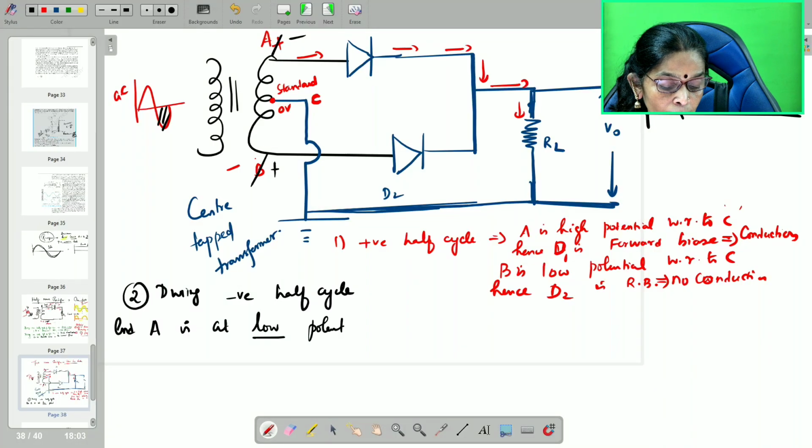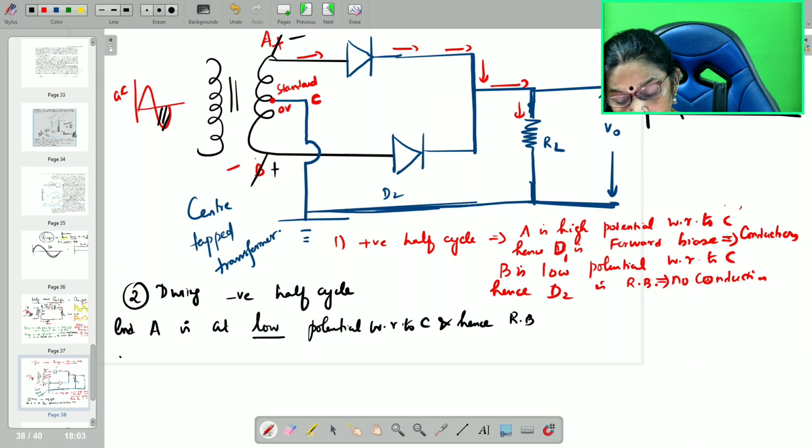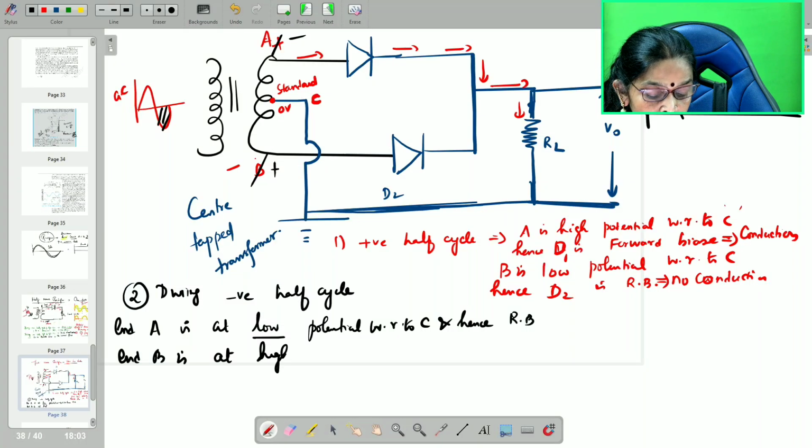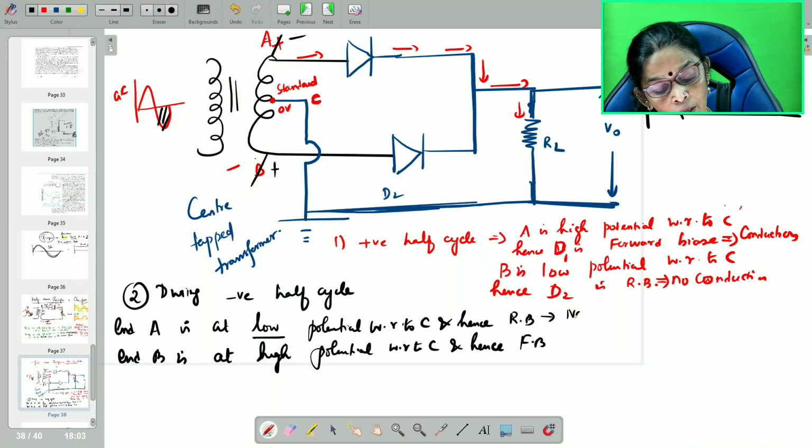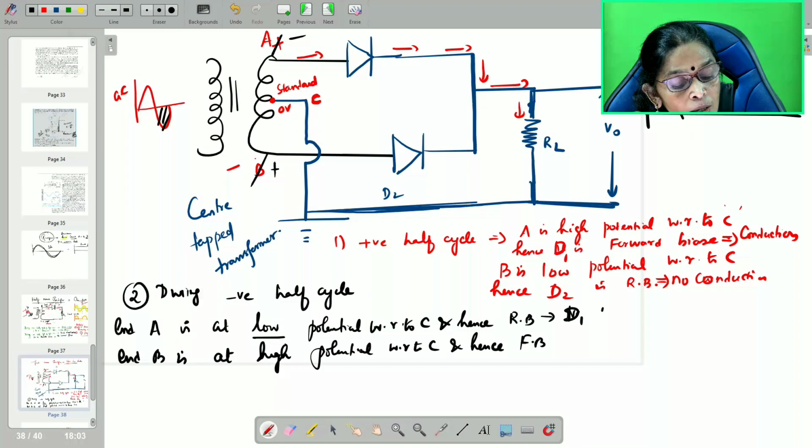Low potential with respect to C, and hence reverse bias. And end B is at high potential with respect to C, and hence forward bias. Reverse bias, no conduction. So, therefore, D1 does not conduct.